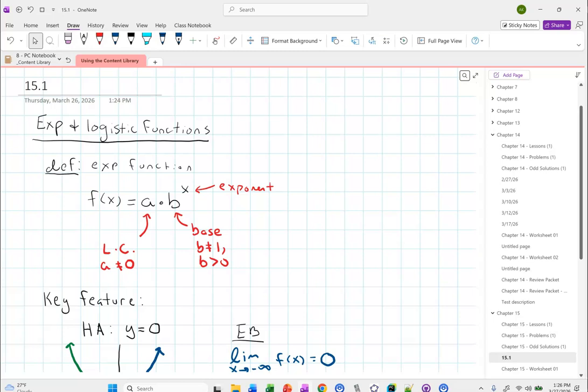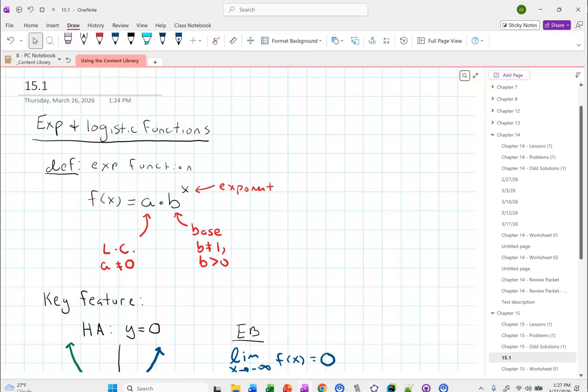So today we're going to be looking at section 15.1. Chapter 15 is about exponential, logistic, and logarithmic functions. And then we also have a little, or a big, section of application at the end.